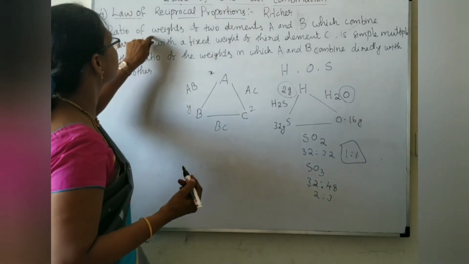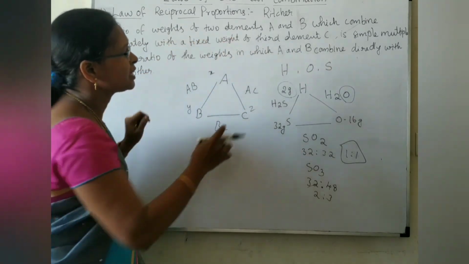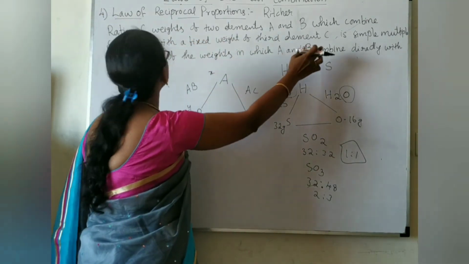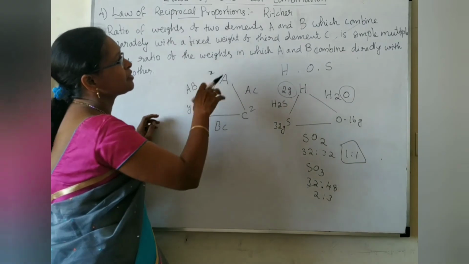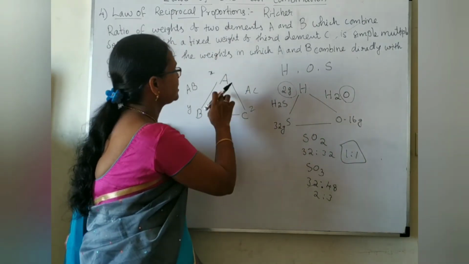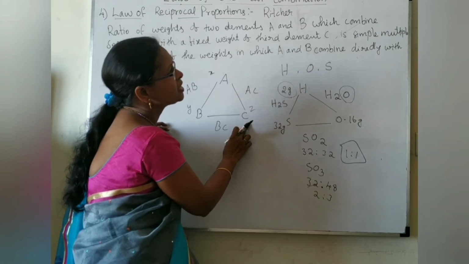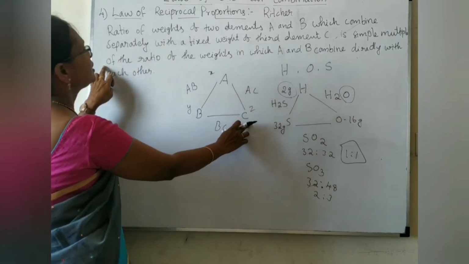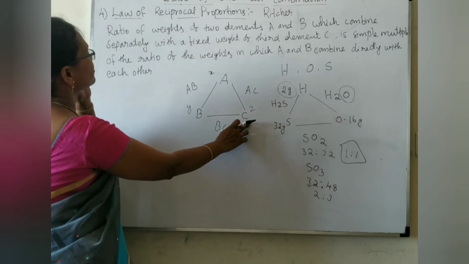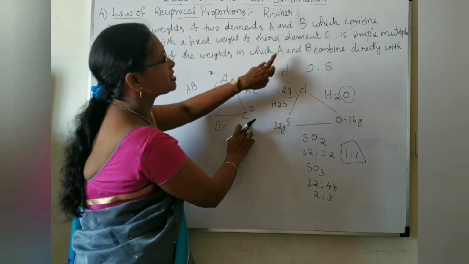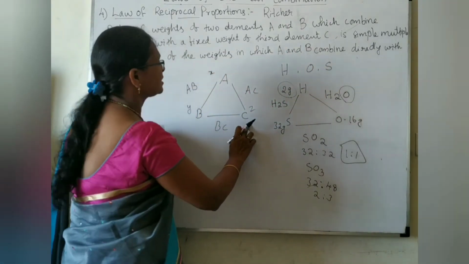The ratio of weights of two elements A and B, which combine separately with a fixed weight of a third element, is a simple multiple of the ratio of the weights in which A and B combine directly with each other.